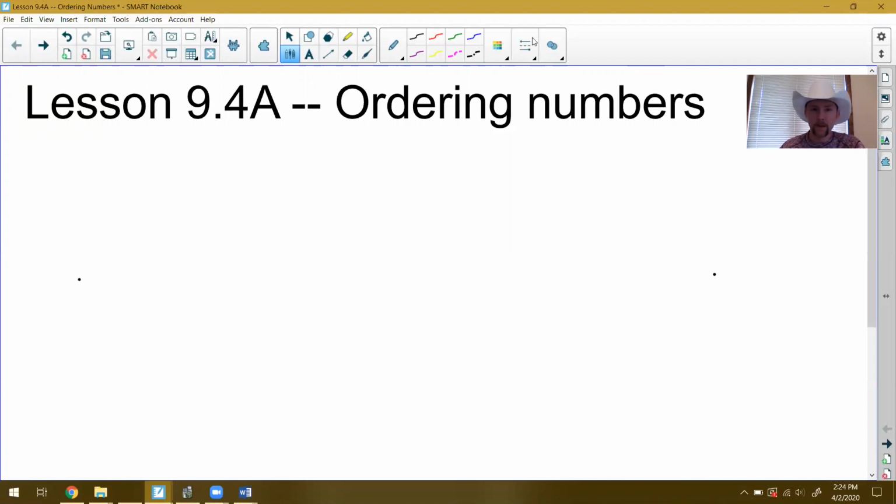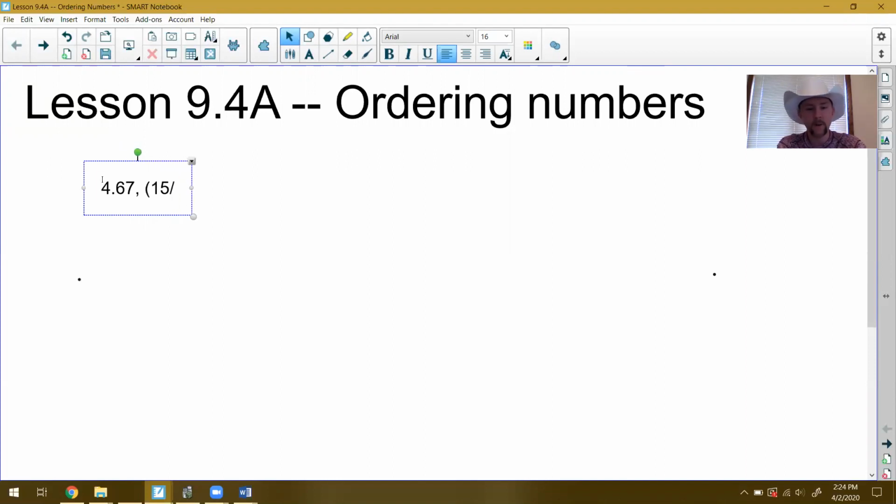So for example, I might be asked to order the following numbers from least to greatest, okay? It might say 4.67, comma, I don't know, 15 over 3, or 15 over 4 maybe, and negative 4.6, and negative 4.75, and then the square root of 16, or the square root of 17 is what we'll do.